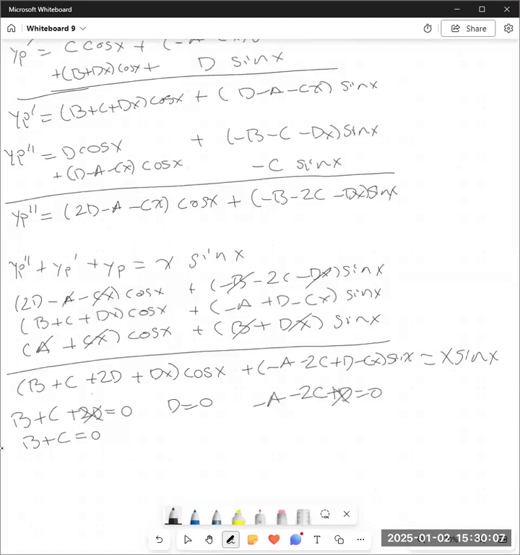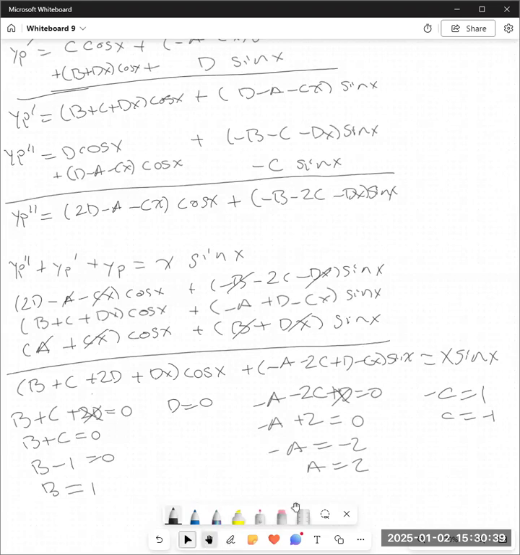And then I have the x sine x's, so negative C is equal to 1. So C is equal to negative 1. If C is negative 1, this is negative A plus 2 equals 0. Negative A equals negative 2, and A is equal to 2. That being the case, B minus 1 equals 0, and B equals 1.